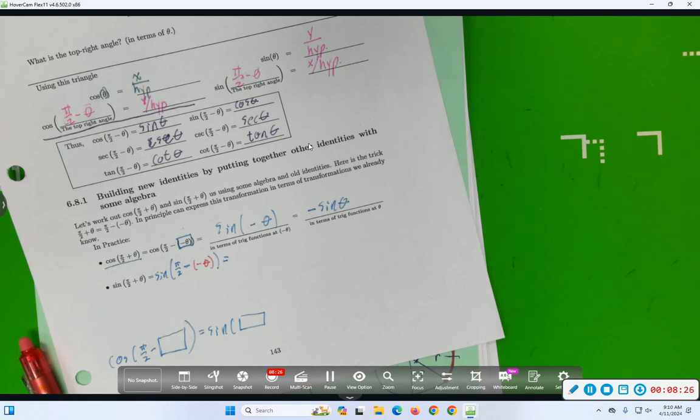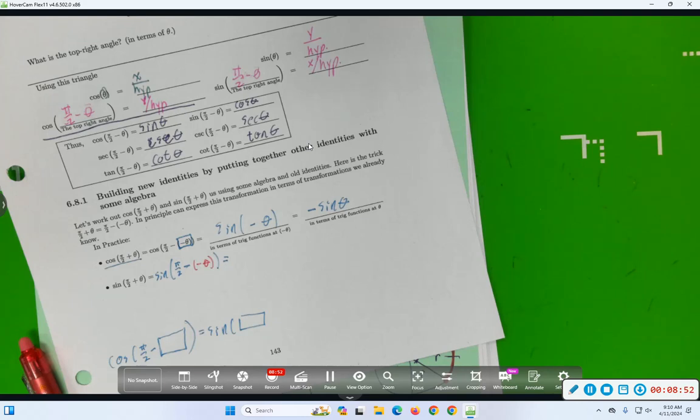So what can I do with that sine of pi over 2 minus? Open up to that formula page if you need to. Which would be cosine of minus theta. Cosine of negative theta.